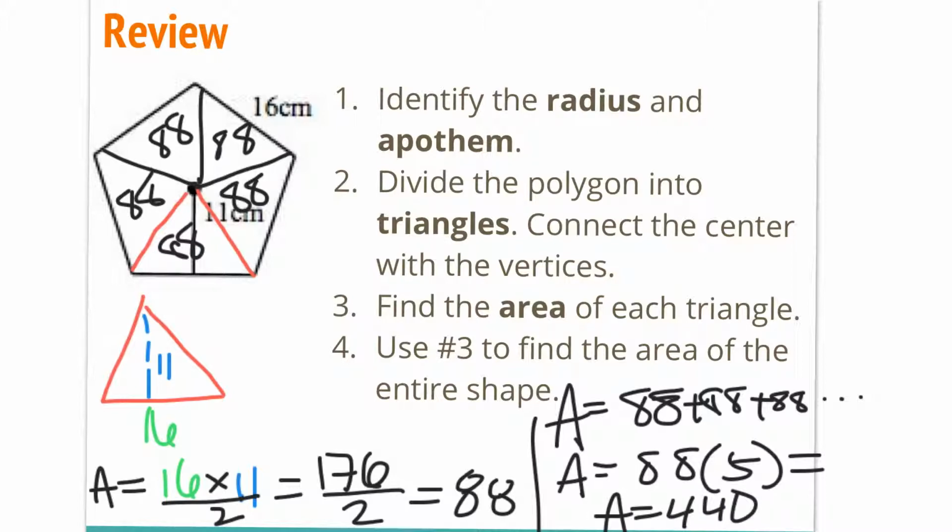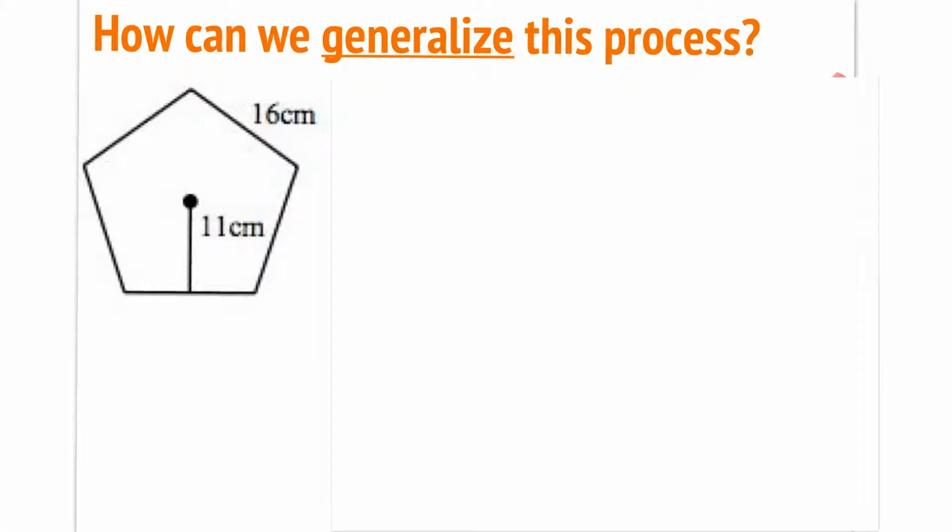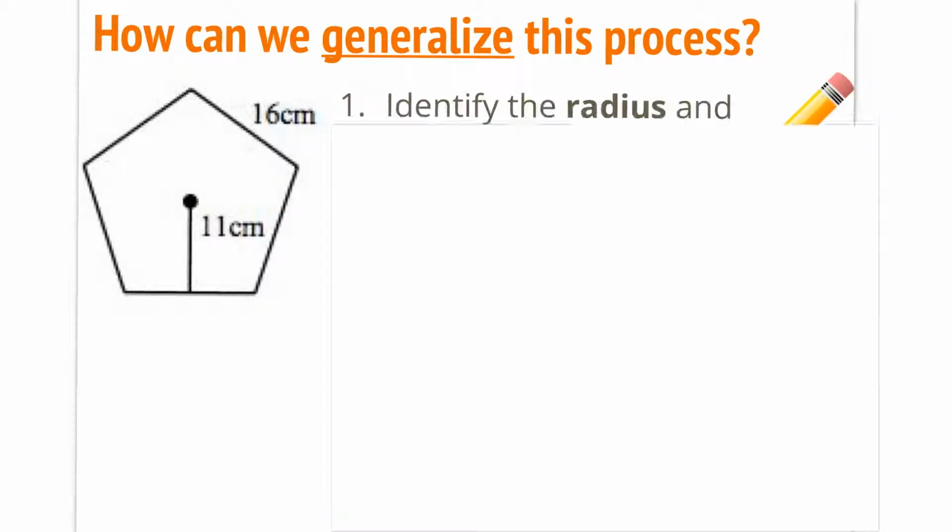Is there a shortcut? Long answer, short answer, yes. The long answer we will get into in a little bit. So here's a shortcut, and I promise you that this is going to make everything a lot easier for you. Similar to before though, identify the radius, the apothem, the base, pretty much everything that you know.